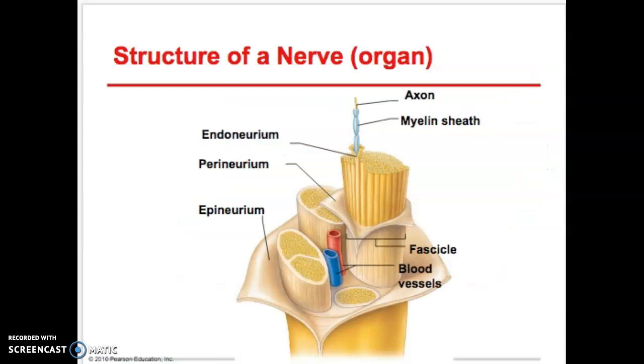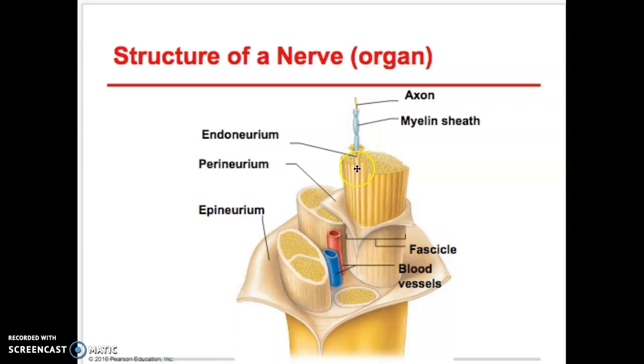And a nerve is a bundle of axons, okay? So here we have the axon of a neuron, and it's myelinated. It has a myelin sheath. And wrapped around that myelin is connective tissue. And that connective tissue is called the endoneurium.